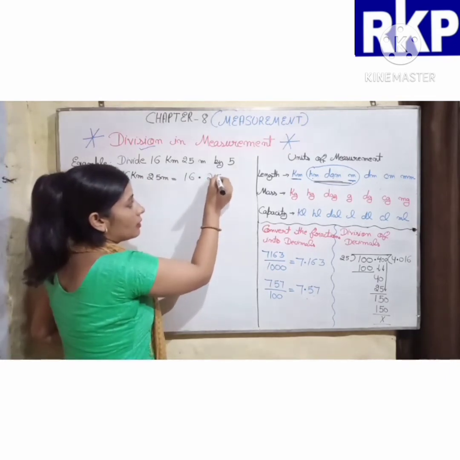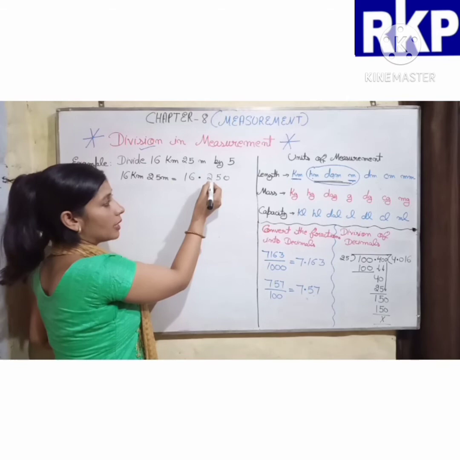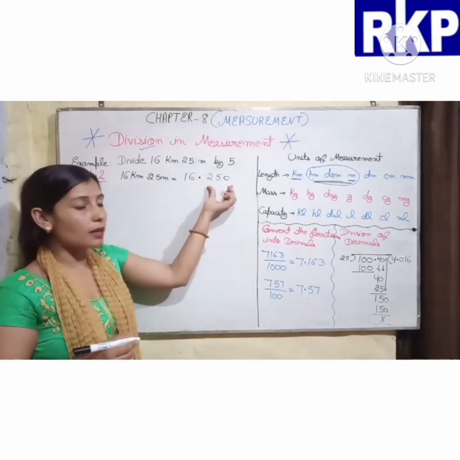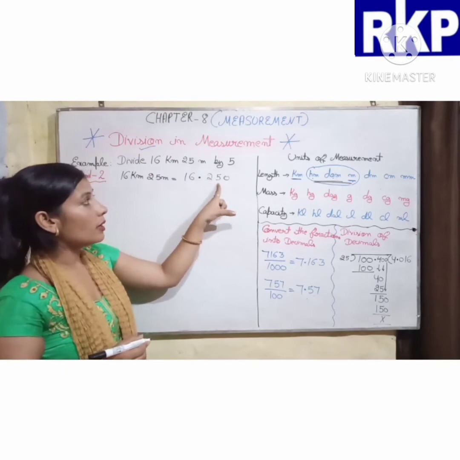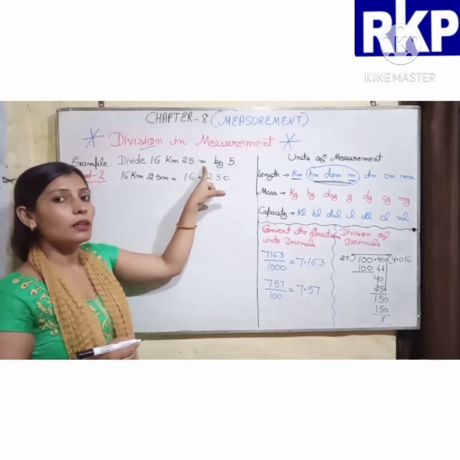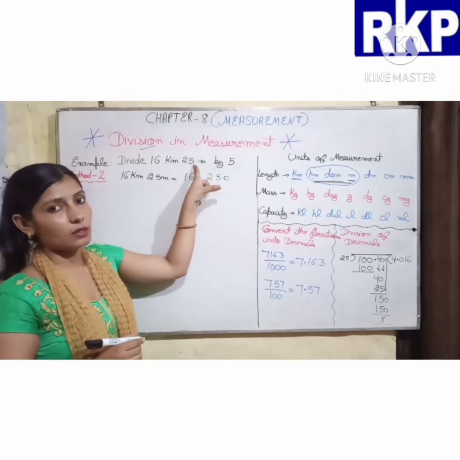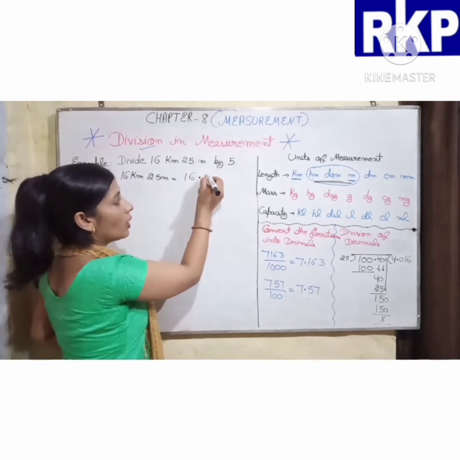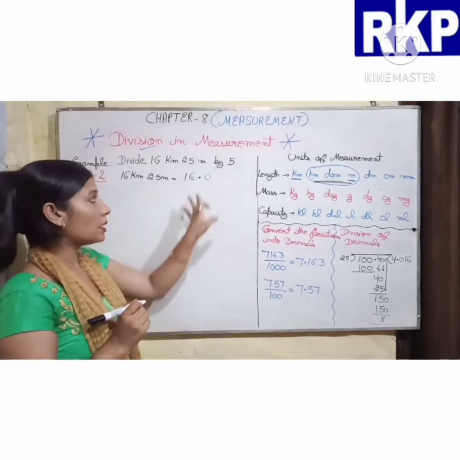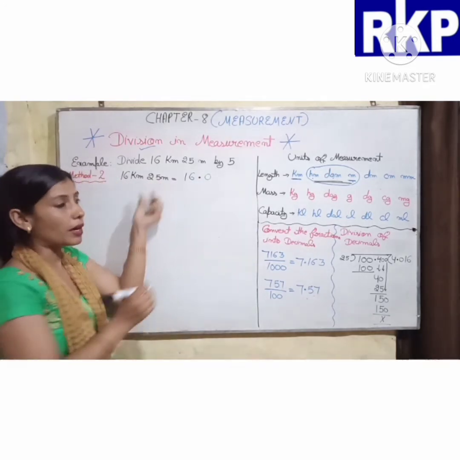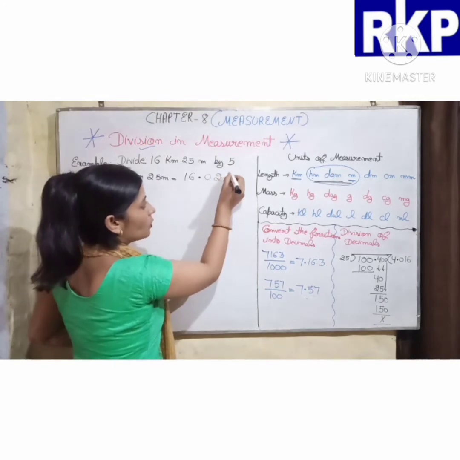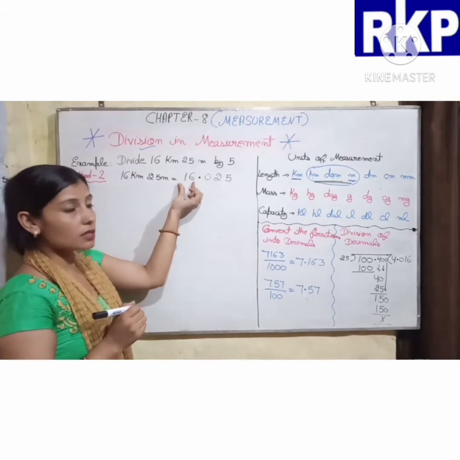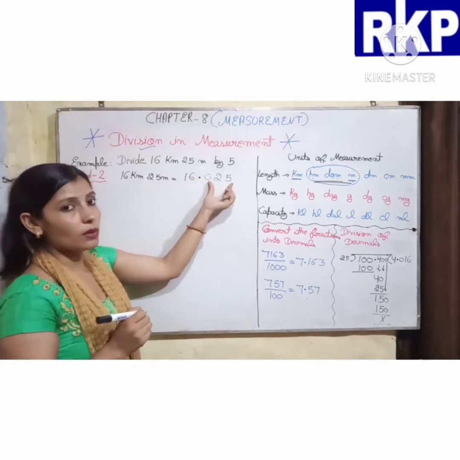If we write point, then 250, it is wrong, because it means 250 meters, but we have only 25 meters. We need to put 0 after this decimal point, before the 25: 0, 2, 5. It means 16 kilometers and only 25 meters.